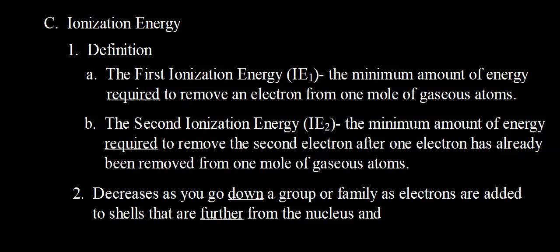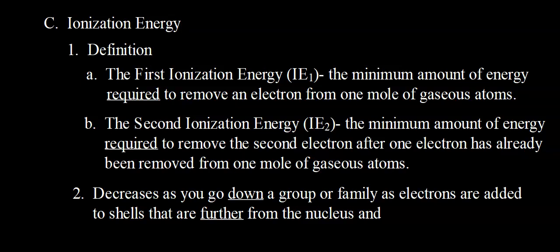So each electron that you remove from an atom, or in this case an ion, gets harder and harder and requires more and more energy. So, trend in ionization energy. Ionization energy decreases as you go down within a group, opposite that of atomic radius.